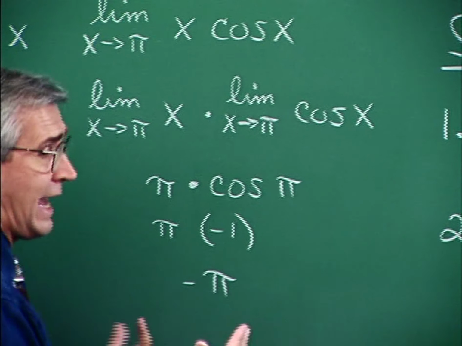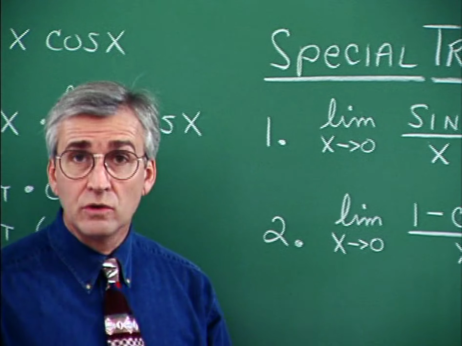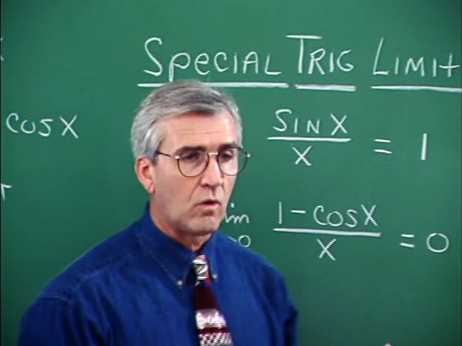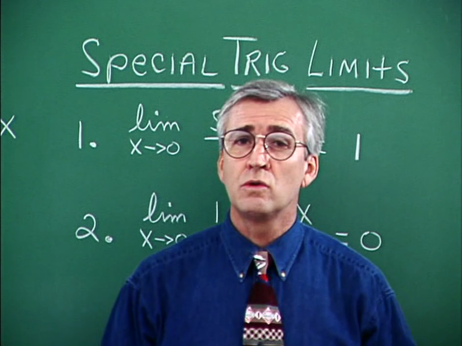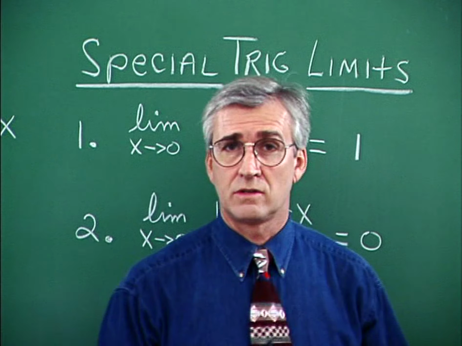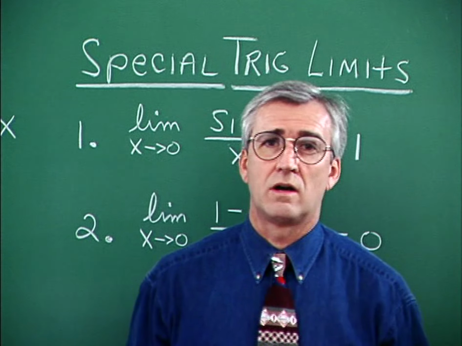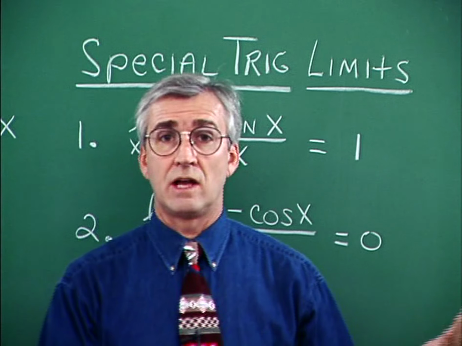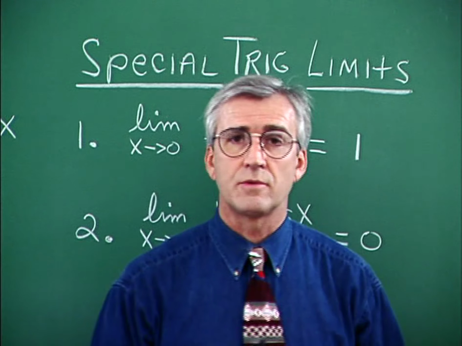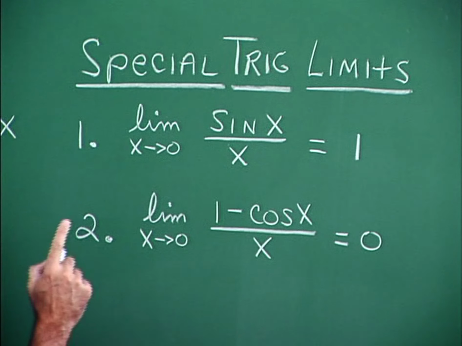Now, I said all of that, and all of that is trivial and kind of intuitive, but we come to the point where there are some special situations. There are 2 special trig limits. And I want you to write this down somewhere. It's important to have these as reference, kind of like having identities as reference when you study trigonometry. So these are our reference ideas.